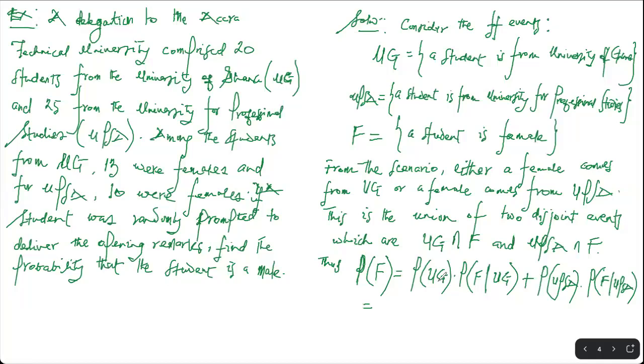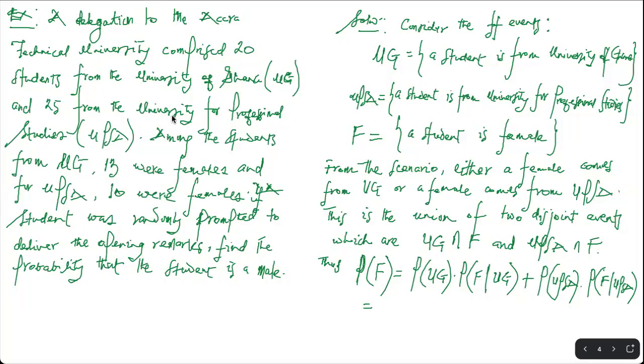So what is the probability of coming from UG? This is just trivial, right? First of all, let's ask ourselves, how many students are even coming in the first place? So we can just apply classical probability, right? A delegation to ATU comprised 20 students from UG and then 25 from UPSA.